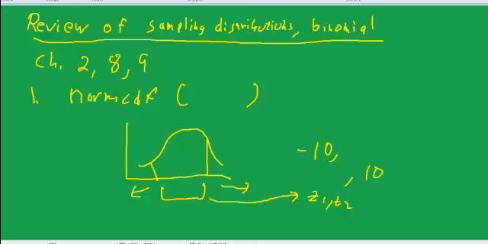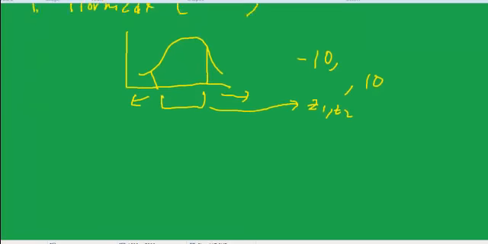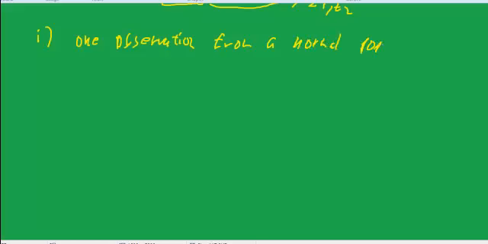Okay, so here are a bunch of situations where we've learned to use this normal distribution. Number one is if we're taking just one observation from a normal population.